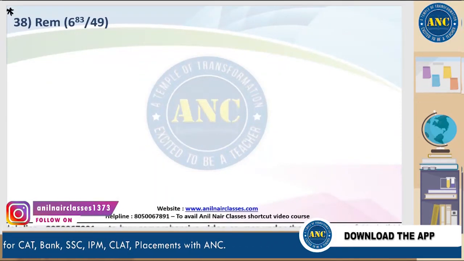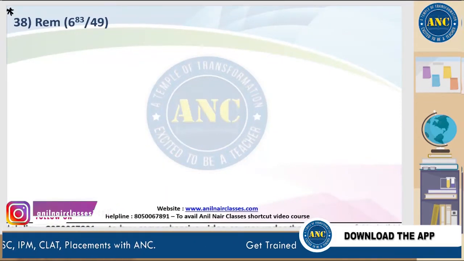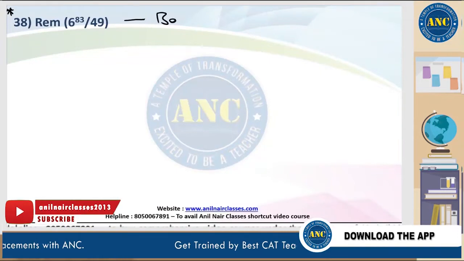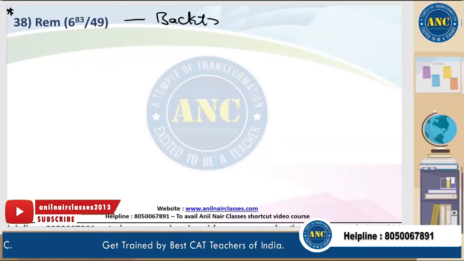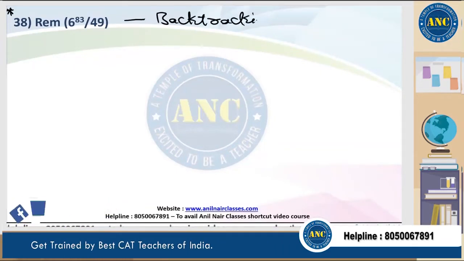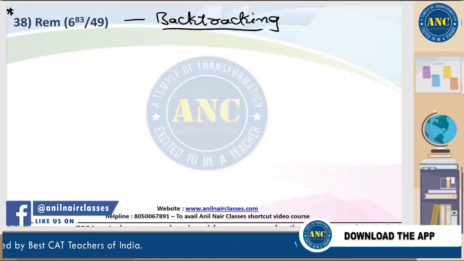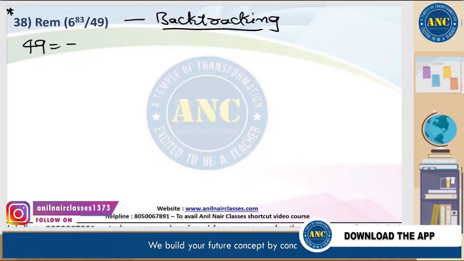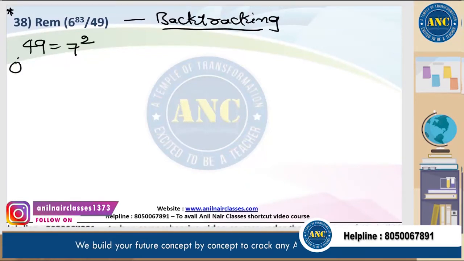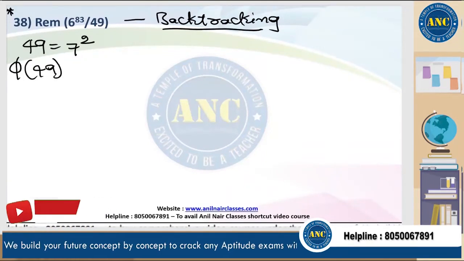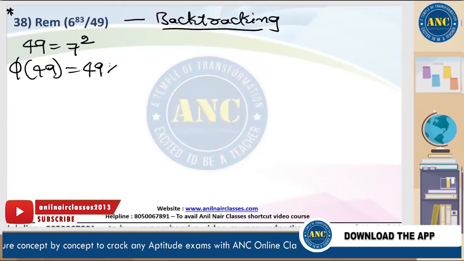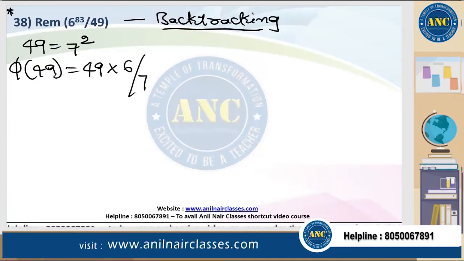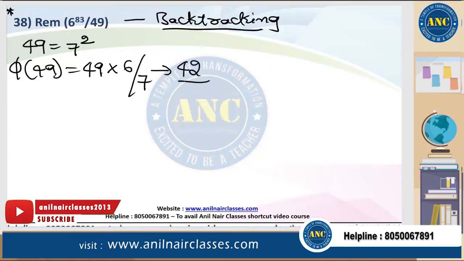38th. This question is based on backtracking. What is this backtracking? I will explain step by step. 6 power 83 by 49. 49 is 7 square. So φ of 49 is 49 into 1 minus 1 by 7, 6 by 7, 42.